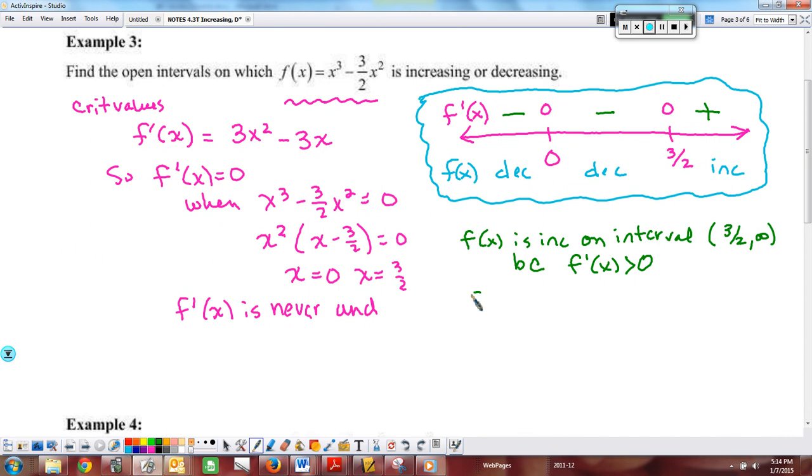Okay? You would answer the second part, f of x is decreasing on the intervals. What do we have? Now, the one comment that we'll make about this, we had a 0 right here. Now we want to decide what's going on here at 0.